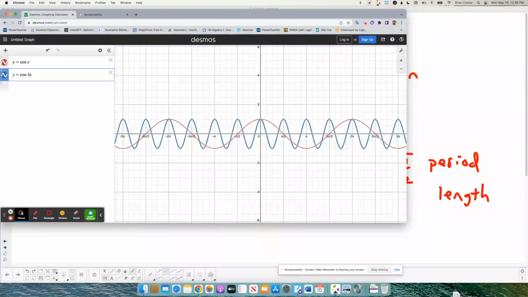If I'm looking at the blue graph, it starts at 0 and ends at pi over 2 right there. Whereas the red graph is your parent function, it goes all the way out to 2 pi. Same amplitude, but definitely compressed. And if you also notice, you could do 1, 2, 3, 4 full periods in the same length that you would normally do 1 full period.